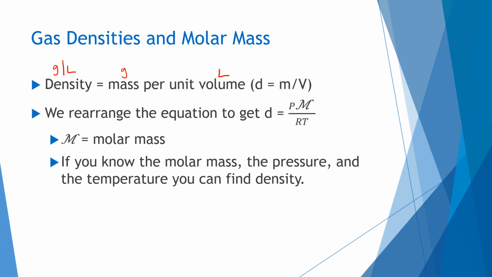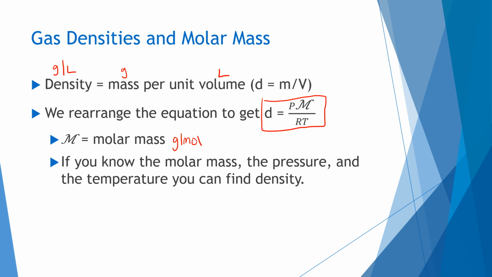Now the rearranged equation that I do expect you to know is density equals P, which stands for pressure, times M, the molar mass, divided by R times T. That capital M stands for molar mass, which we measure in grams per mole. So if you know the molar mass, the pressure, and the temperature, you can find density.